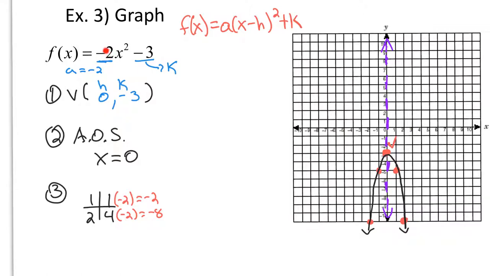The negative a value tells you that it is a reflection across the x-axis. So in other words, it goes down, but the terminology is reflection across the x-axis. The absolute value of -2 is 2. So that number 2, since it's greater than 1, you are going to have a vertical stretch. So the graph will be narrower.